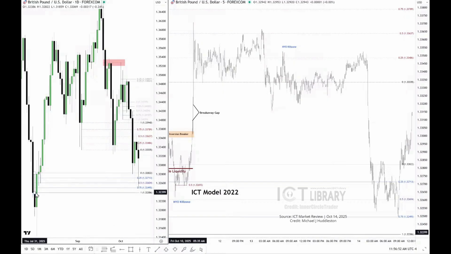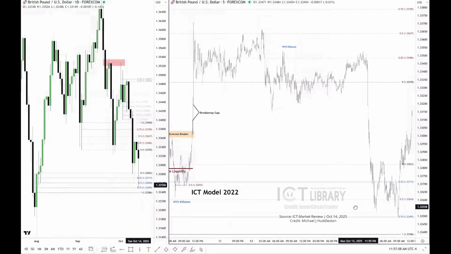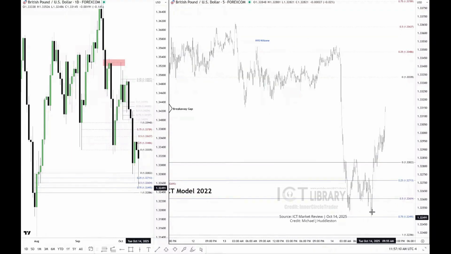Here's the open of that candlestick, and it's this price here, but the lower quadrant, not the upper quadrant, not the consequent encroachment, but the lower quadrant level, that level there is exactly what you see delivered to here. And price rallied above, and then we use the high of that wick right there, which is at 1.32822, hits it here, and then it rallies and starts to run back up.